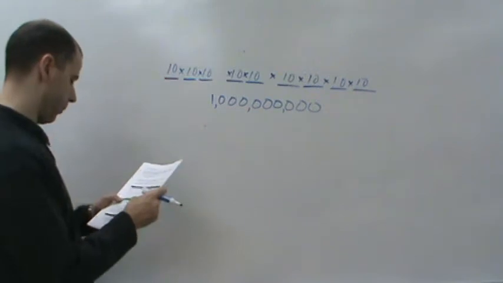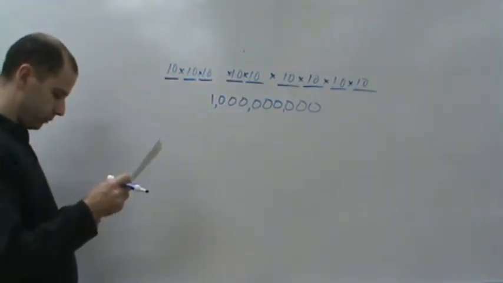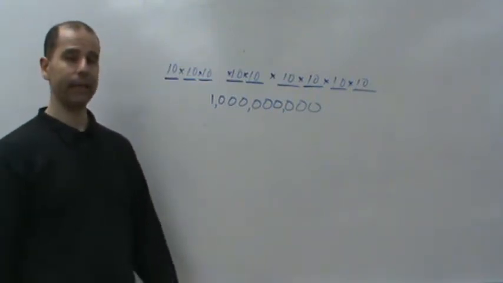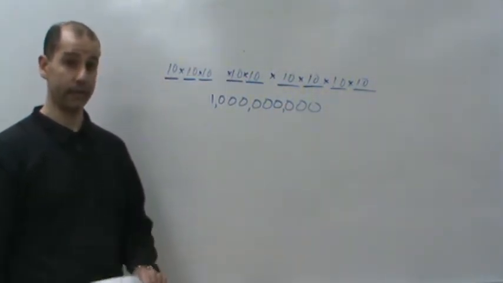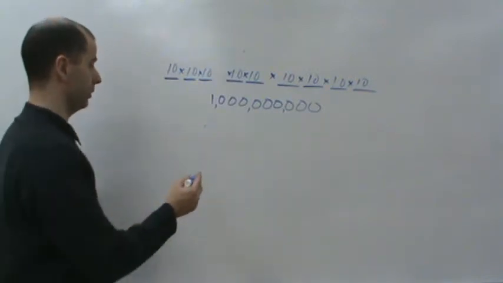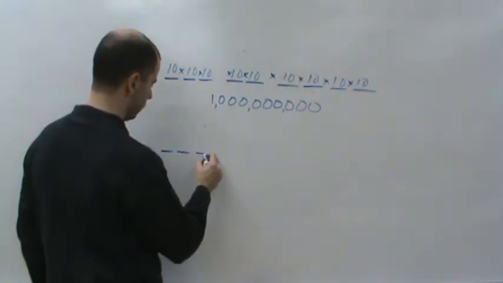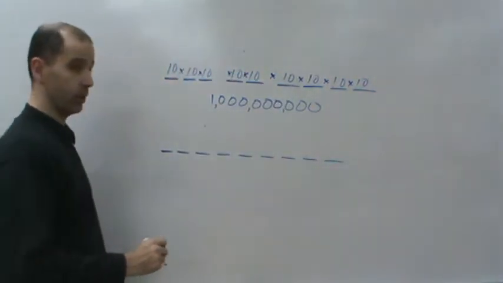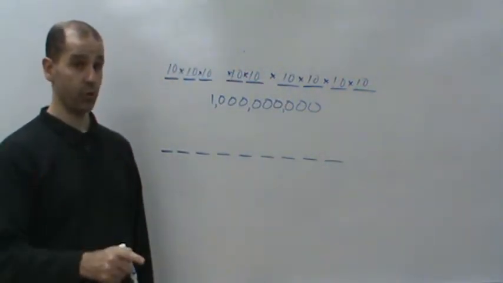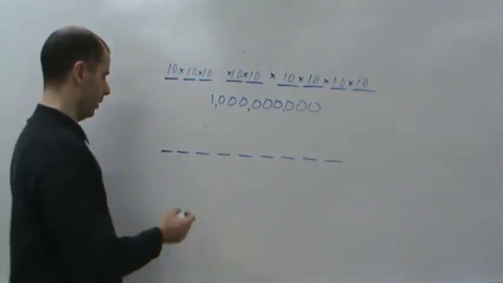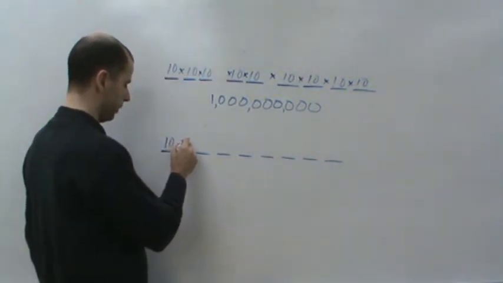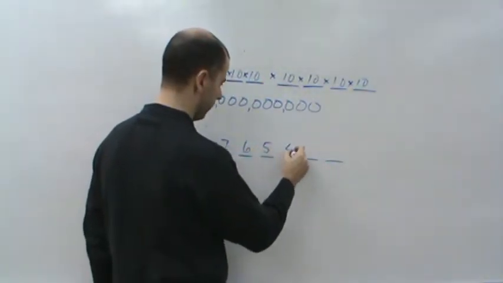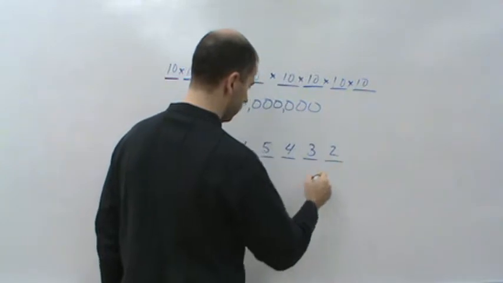Okay? So now, how many Social Security numbers are there that don't have repeats? Now what do we do? Okay? Well, let's do it again. 1, 2, 3, 4, 5, 6, 7, 8, 9. Well, how does that work? Well, if we're not doing repeats, that means once we choose a number, it's off the table. So that means we have 10 for this one, 9, 8, 7, 6, 5, 4, 3, 2, right?